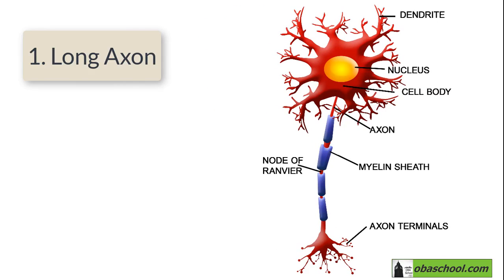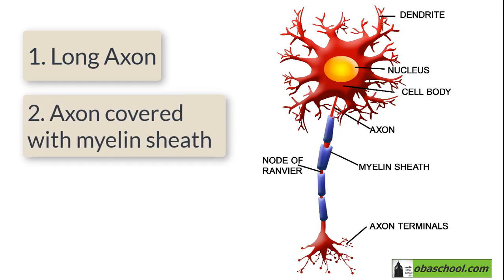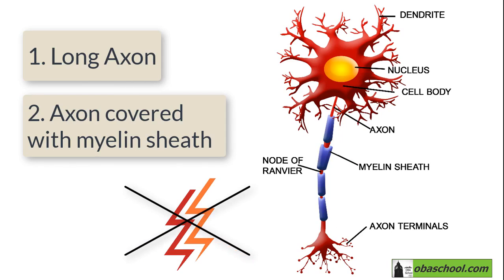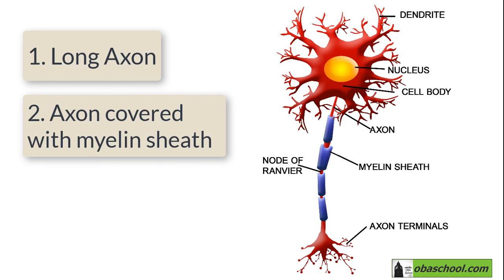The second adaptation of the motor neuron is that the axon is covered in a fatty sheath called the myelin sheath. This myelin sheath is made up of a fatty substance which acts as an electrical insulator. This increases the speed of transmission by forcing the impulse to jump between the gaps in the sheath.